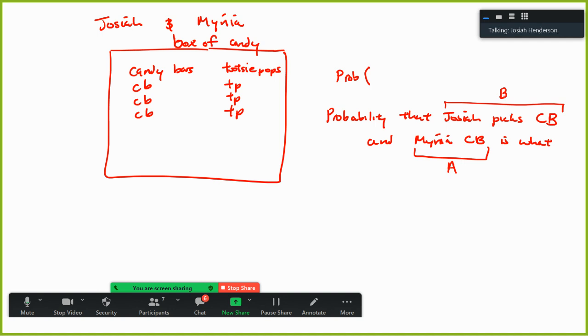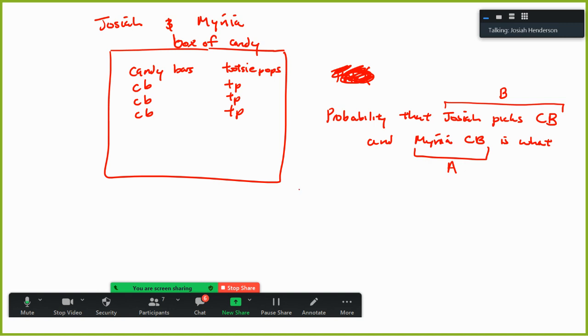Now, in this case, these two events, Manaya picking a candy bar and then me picking a candy bar, are dependent on each other because, frankly, we're reaching into the same box one after the other. This is different than the shirt example because those two sample spaces, my shirts, her shirts, are completely separate, right? Obviously. Here, though, we're in the center at the school together. We're going to both pick one piece of candy.